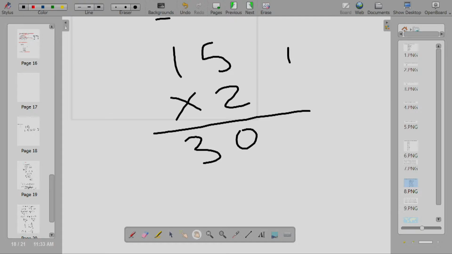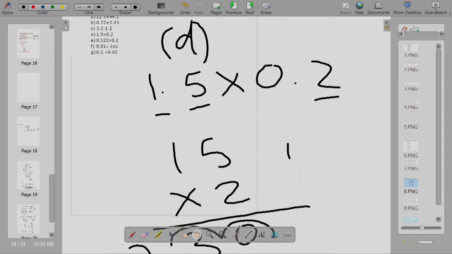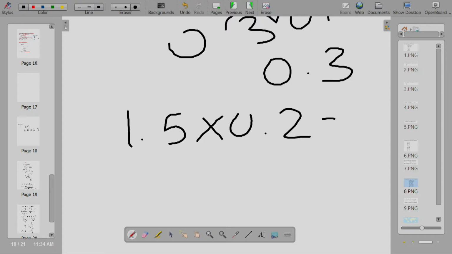Let's move the point 2 digits forward. So the answer will be equal to 0.3. So if you multiply 1.5 by 0.2, the answer will be 0.3.